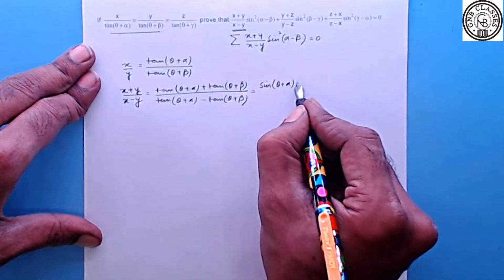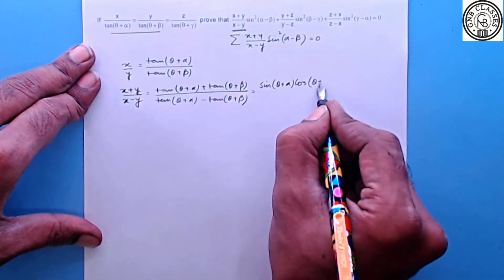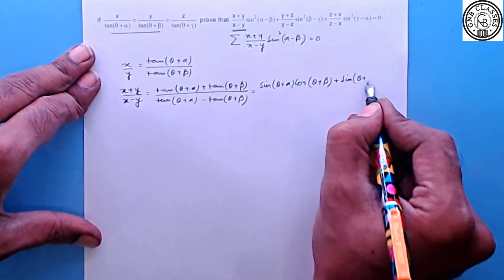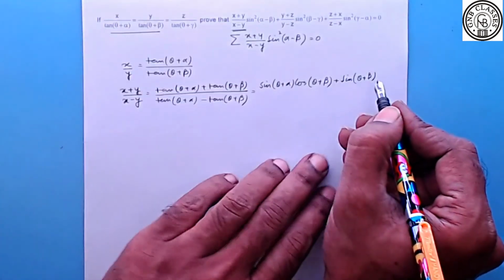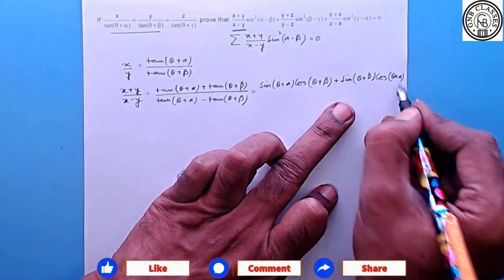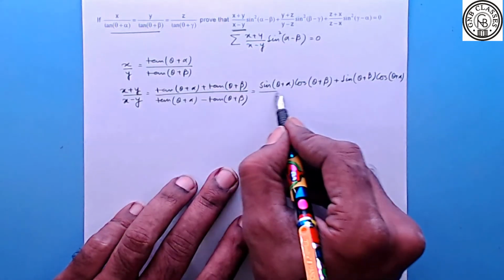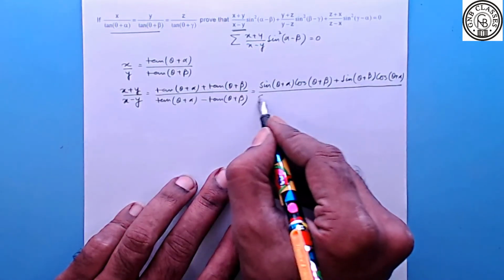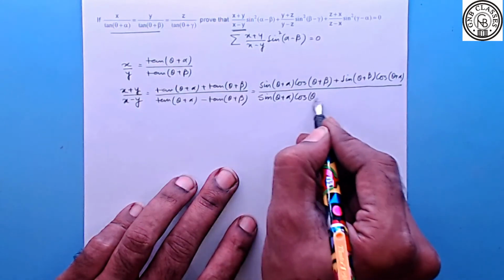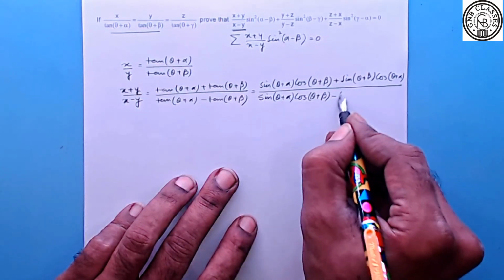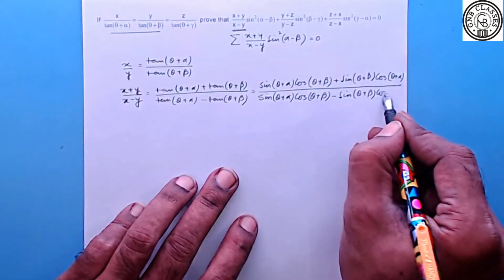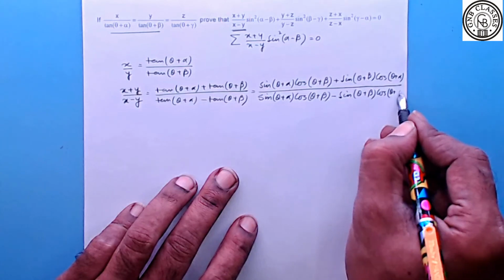Sin theta plus alpha cos theta plus beta plus sin theta plus beta cos theta plus alpha. Same thing in the denominator: sin theta plus alpha cos theta plus beta minus sin theta plus beta cos theta plus alpha.